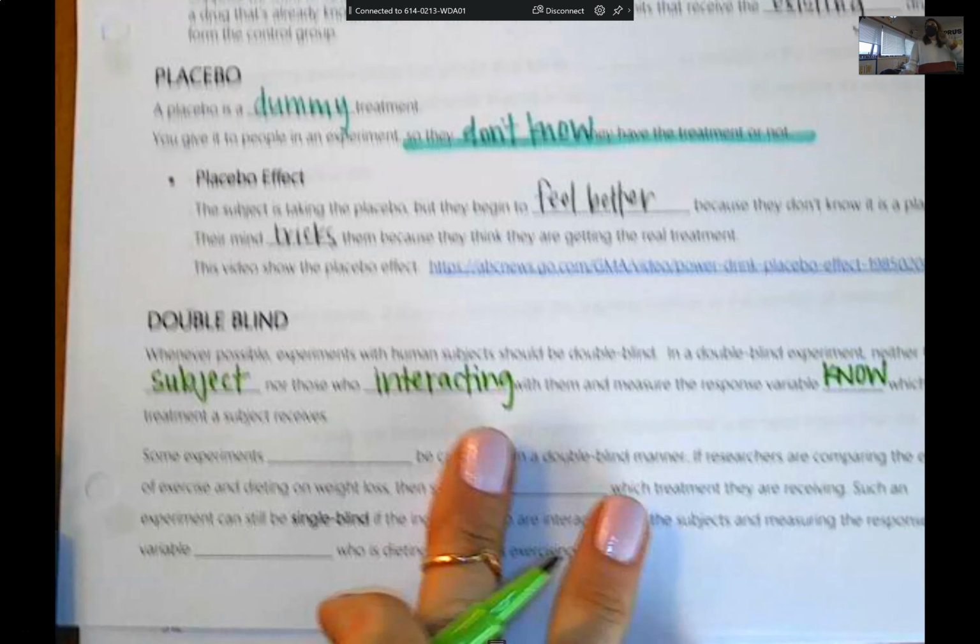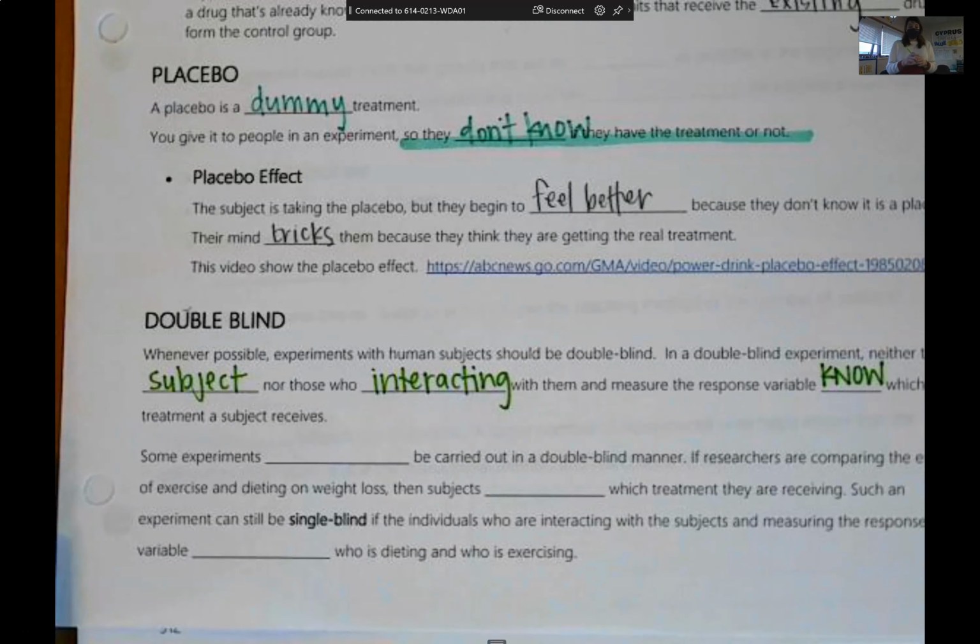So whenever possible, you want the person in charge of analyzing the data to not know what treatment each subject got, and if you can, you don't want the subject to know either. That will give you the best data.